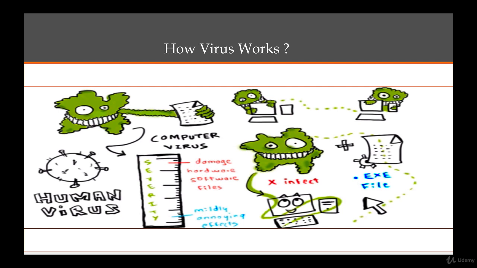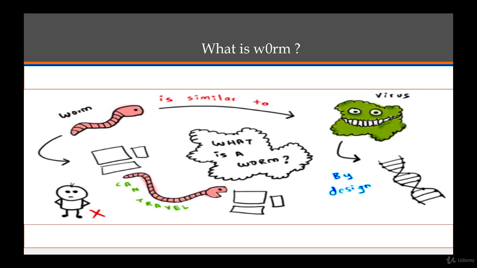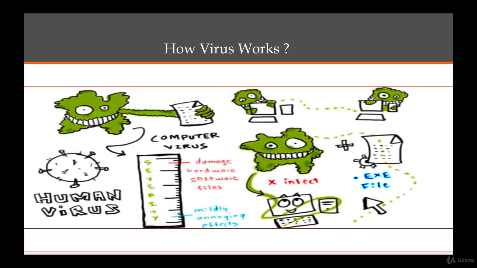Almost all viruses are attached to executable files, which means a virus may exist in your computer, but it actually cannot affect your computer unless you run or open the malicious code or program. A virus cannot spread without human action.